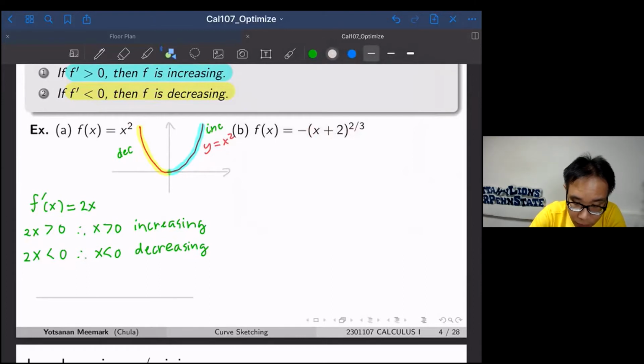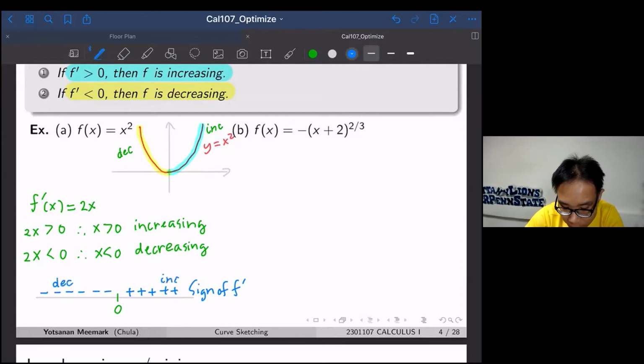You have the zero in the middle, and you're gonna have the sign of f prime positive when x is more than 0, and the sign of f prime negative on the other side. So this guy is decreasing and this guy is increasing.